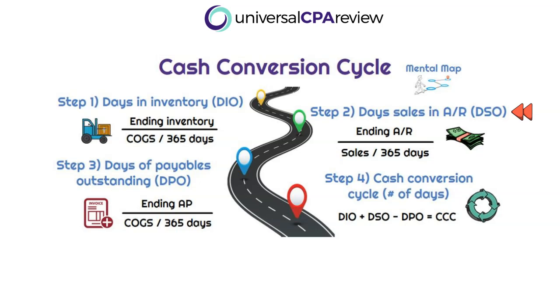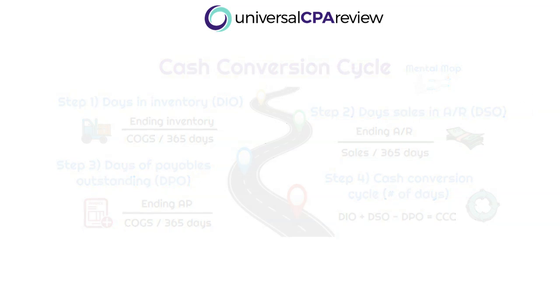And if they have 30-day terms, meaning the customers must pay them in 30 days, well, most customers will take the full 30 days. And so if we're thinking about how long it takes for a company to collect their accounts receivable balance, well, it's usually going to be reflective of what their credit terms are, right? So if they have terms of net 30, well, then their DSO is likely around 30 days.